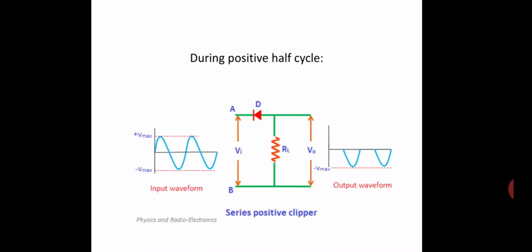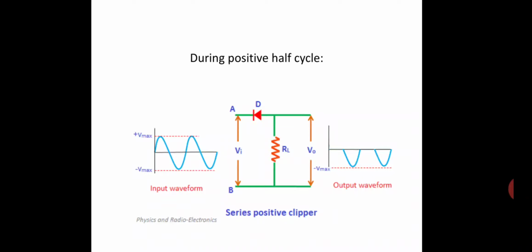Now the input is negative. A is negative and D is negative, both are negative, so the diode is forward biased. Current flows through the diode and we receive the voltage at the load RL, and the negative input is obtained at the output.